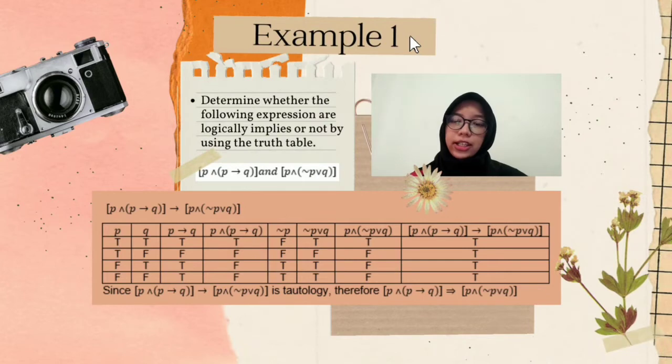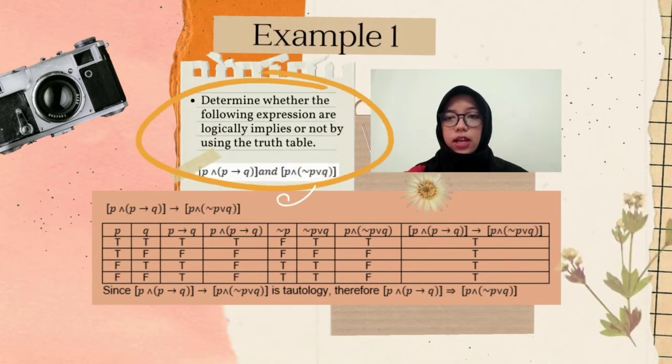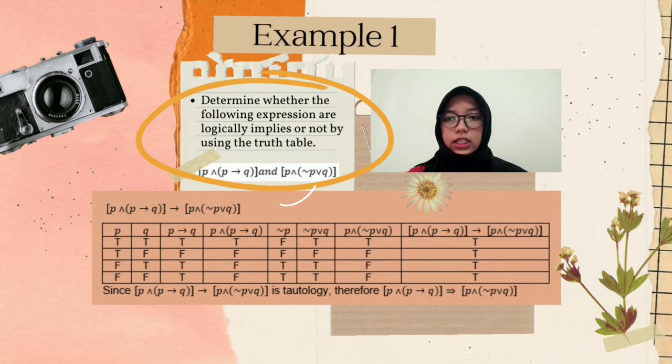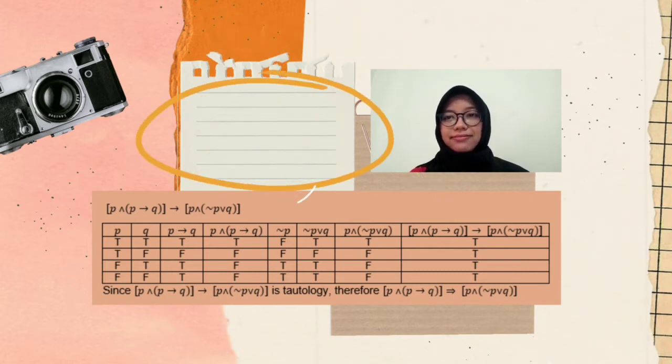Now, to be more clear, let me show you how we answer logical implication questions. First, let's look at example 1. Determine whether the following expressions are logically implied or not by using the truth table: P and (P implies Q) versus P and (negation P or Q).